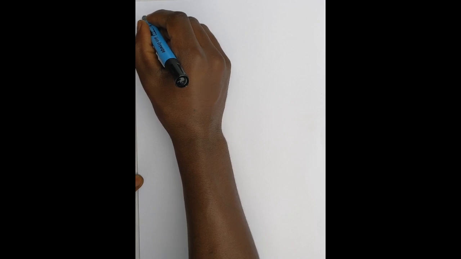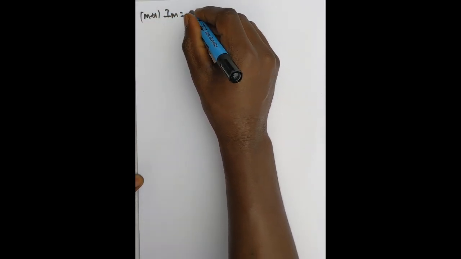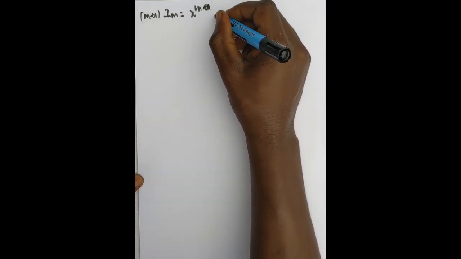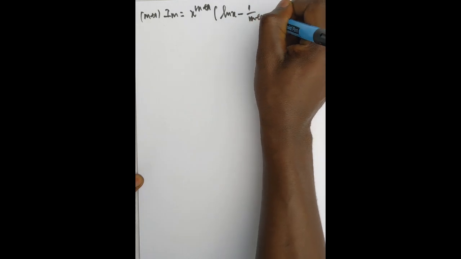For number B, I have to deduce. I have seen that m plus 1 Em is equal to x power m plus 1 bracket of ln x negative 1 over m plus 1.